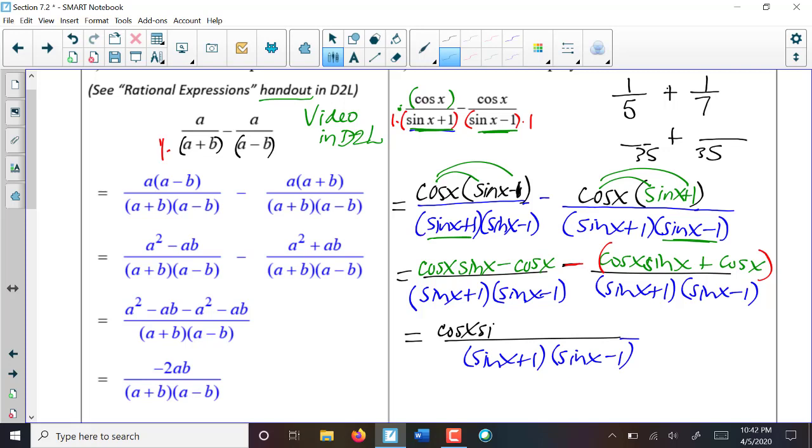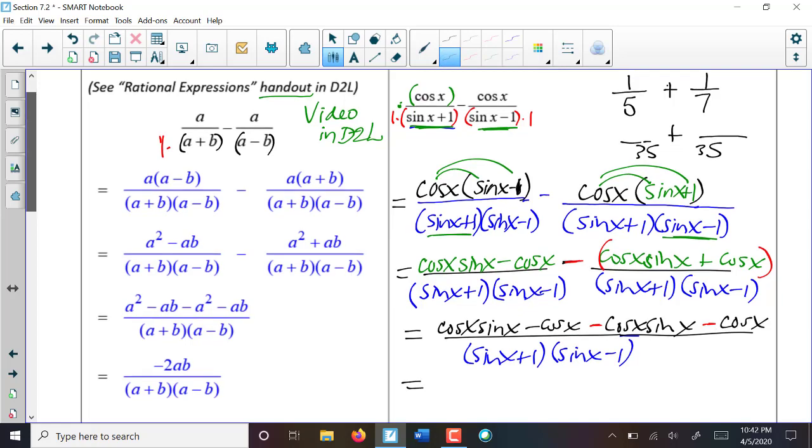Cosine x sine x minus cosine x minus cosine x sine x minus cosine x. So I distributed that minus.